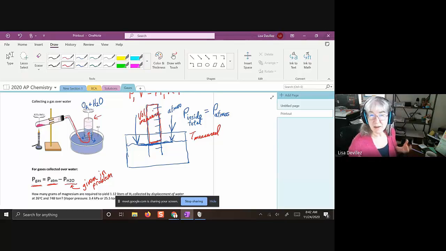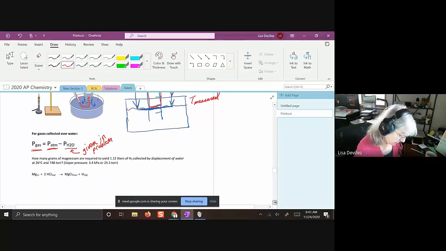That's really the only thing we do differently. If it's collected over water, whether we're using PV=nRT or P1V1 over n1T1, the key thing is to make sure that the pressure they give you is the total pressure, and in order to use it, you want to subtract the water vapor pressure from it.